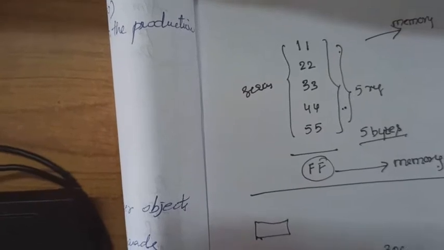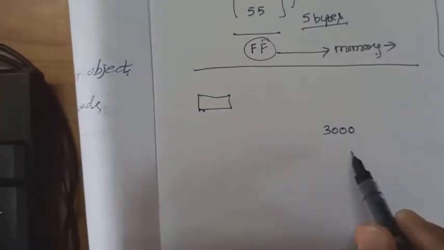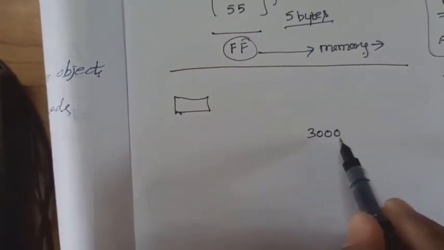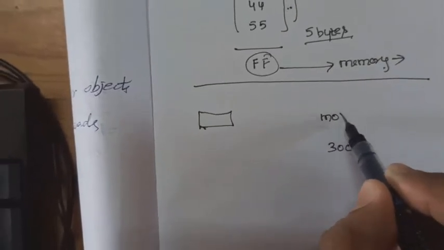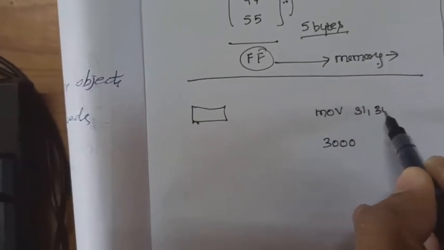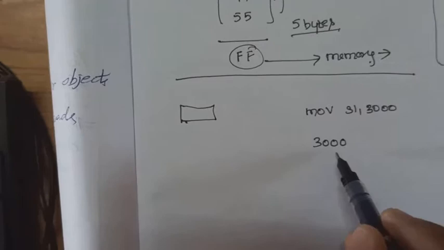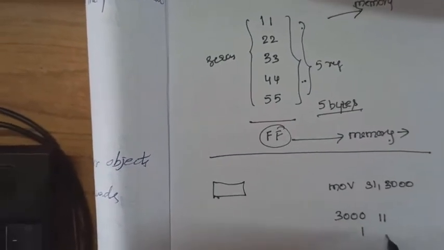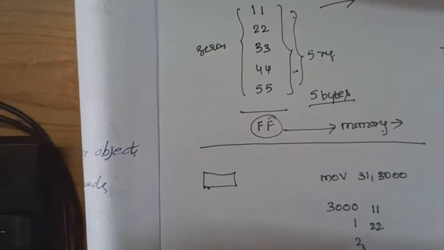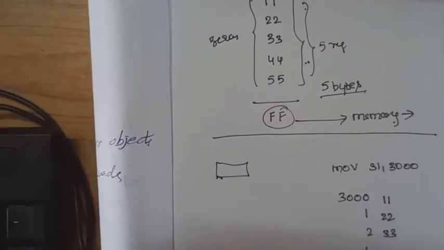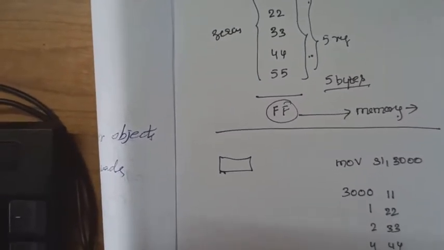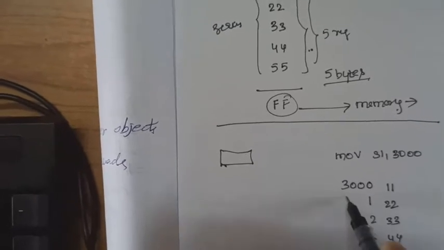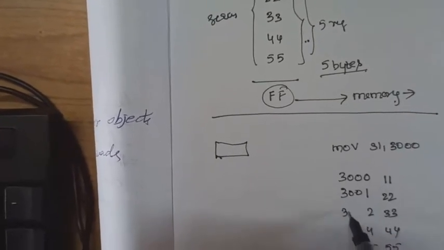The memory location for storing this input data is selected as 3000 using the instruction MOV SI, 3000. In 3000 we are going to load 11, 3001 22, 3002 33, 3003 44, and 3004 55. This is how we load input data.